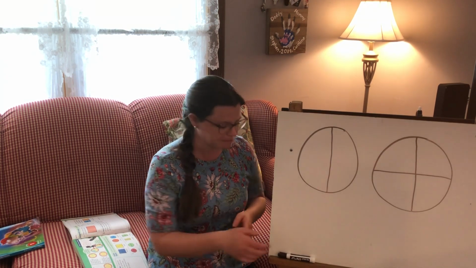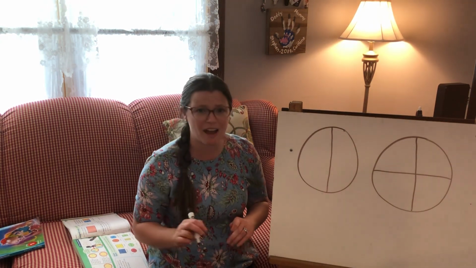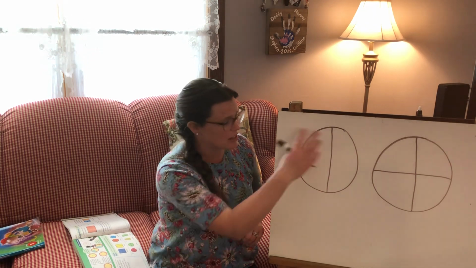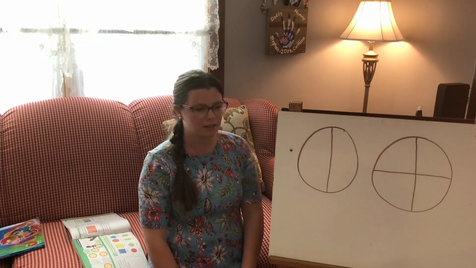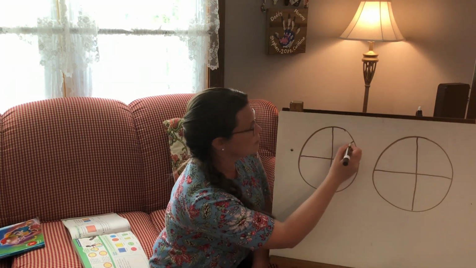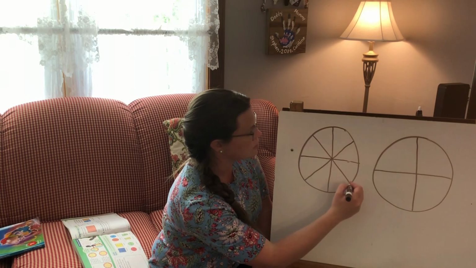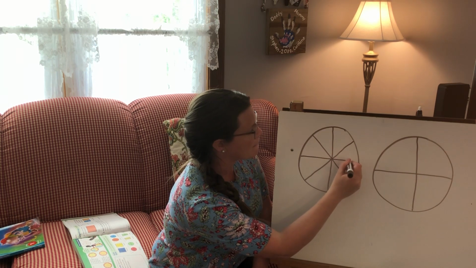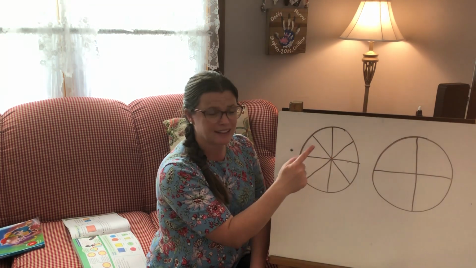going to be. So let's see what happens if I decide to share this one with 8 people instead of 2. All right, so let's see. Okay, so now I have 8 slices here.